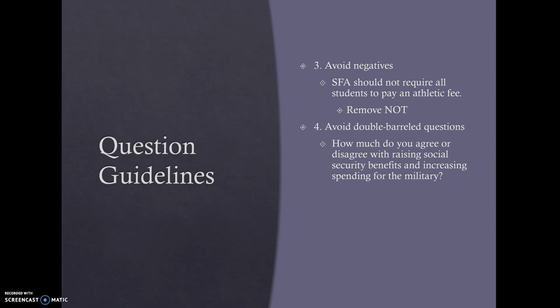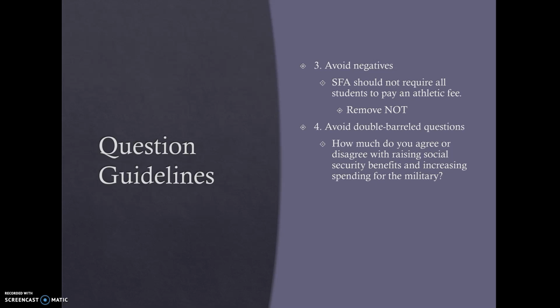But when you put those two questions together, you're assuming if people agree with raising Social Security benefits, they probably also agree that we should increase spending for the military, which is not true.